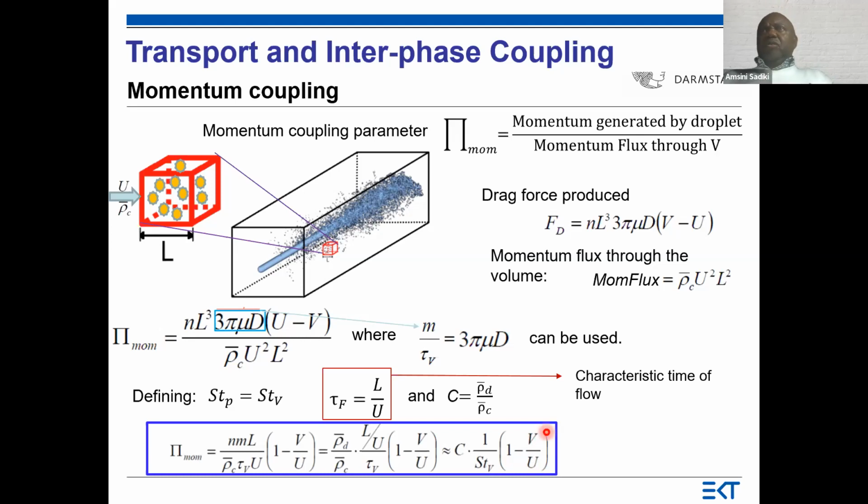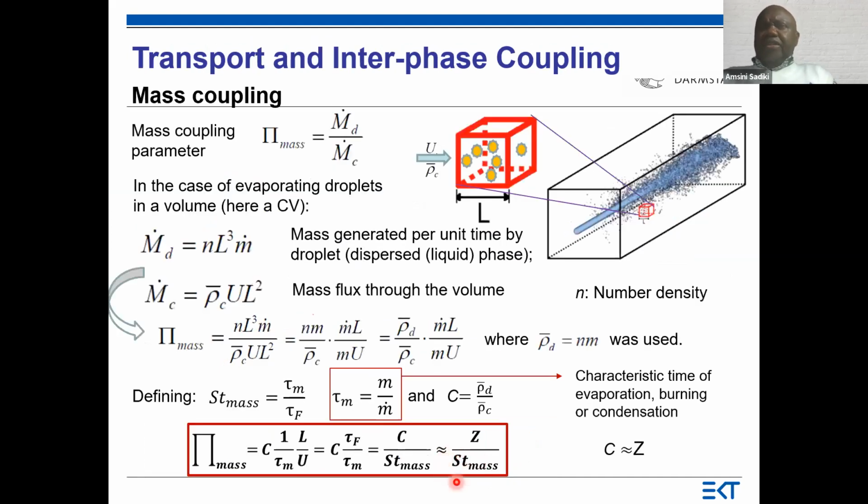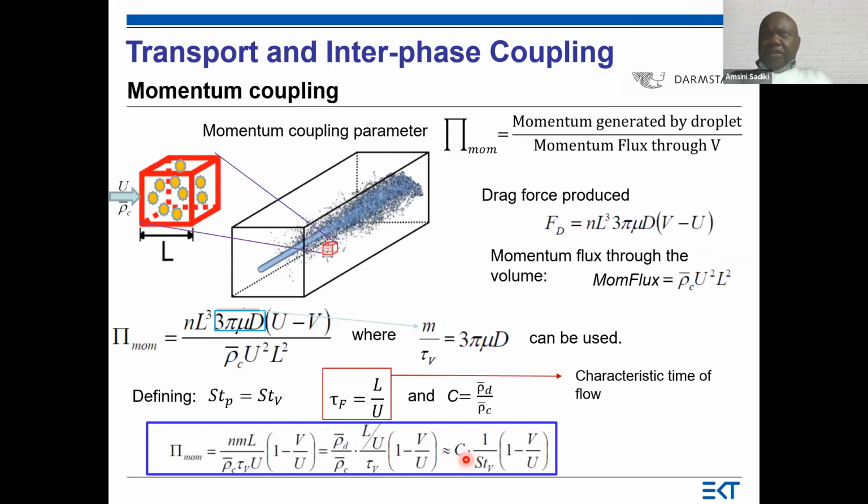So this is what we obtain from the momentum coupling. It is related to the Stokes number based on the dynamic relaxation time. And this one is related to the Stokes number based on the mass coupling process.